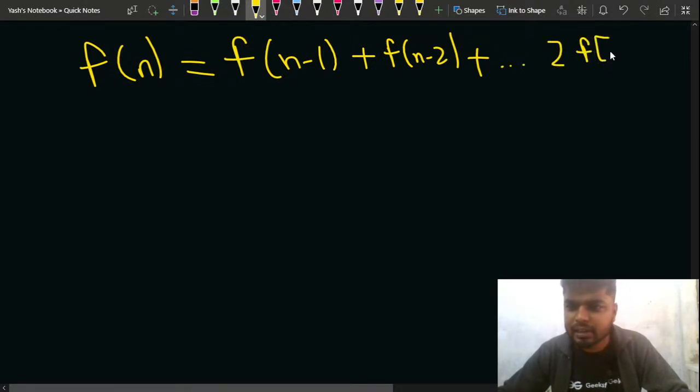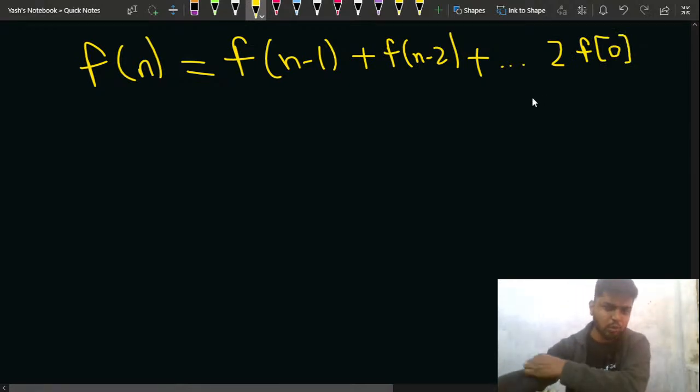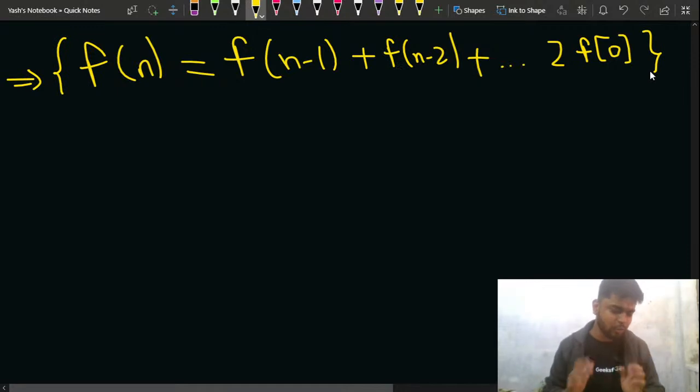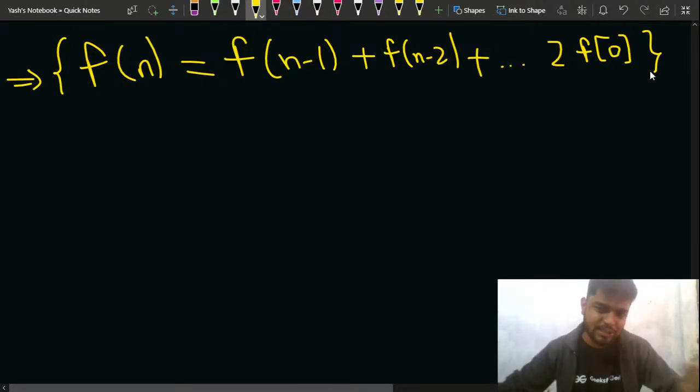Let me write it like this. If you try to find the relation using some of the cases, then this is the relation that you will get. If you try it out for the fourth case by drawing all the ways, then this is the relation you will get. And if you want, you can try it for 5 as well.